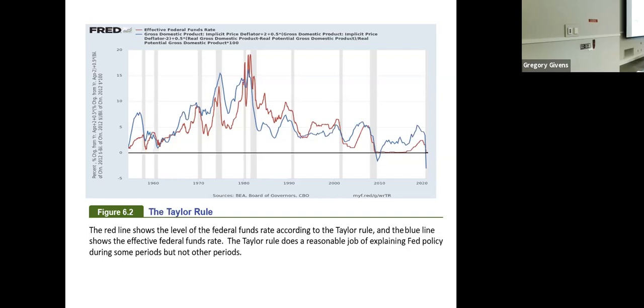Let me draw your attention to one more episode that's maybe more relevant for younger folks. Look at the period leading up to the financial crisis. What do you notice going on there? The actual federal funds rate was quite a bit lower than the funds rate that was recommended by the Taylor rule.